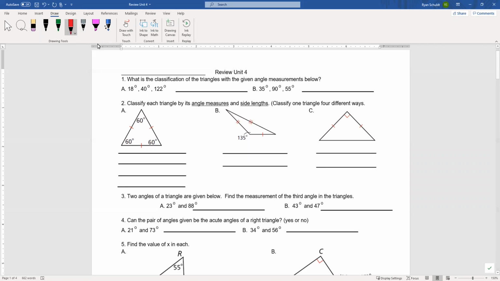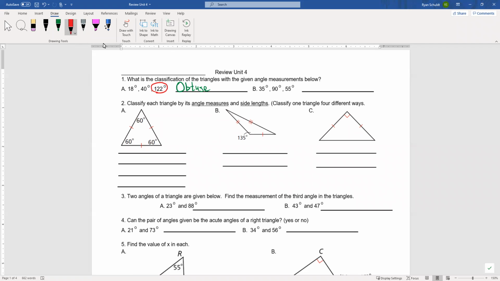So if we look at A, I see 18 degrees, 40 degrees, 122 degrees. That angle is an obtuse angle, which makes this triangle an obtuse triangle. Remember, obtuse triangles have one obtuse angle.